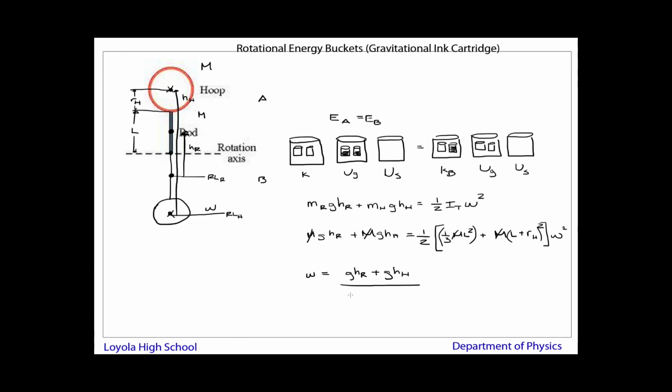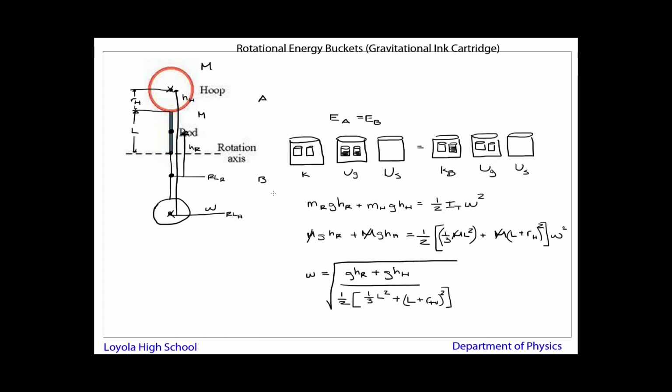So this is 1/2 times the quantity 1/3 L squared, because the mass canceled, plus (L plus R_H, the radius of the hoop) quantity squared, and then the angular velocity is the square root of that because we have a square there.